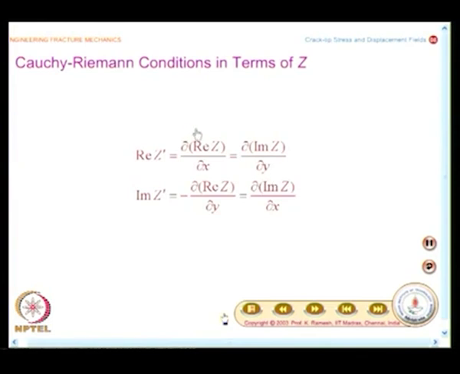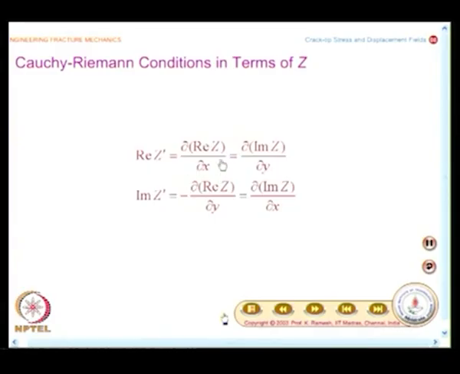That is written straight away from your basic definition of the Cauchy-Riemann conditions, and you have to remember these conditions for simplification later. We have also written what you get by differentiating the real part of Z with respect to x: it gives you the real part of Z prime. In fact, we would use this identity for simplification.